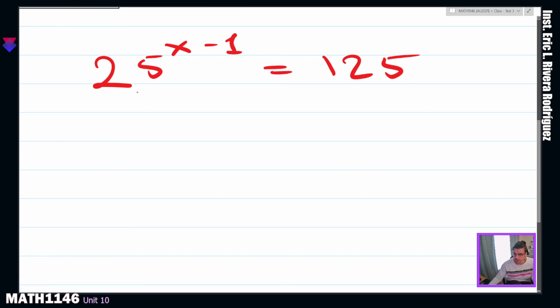So the common base here is, whenever you see 5 as the last digit on the right, you will go immediately, well, this is a power of 5. So 25 is equal to 5 squared, and 125 is equal to 5 cubed.